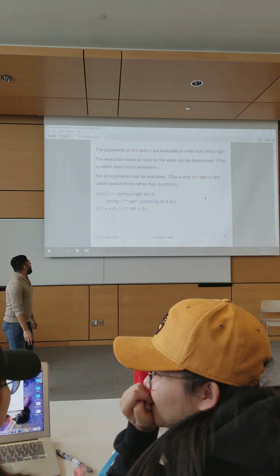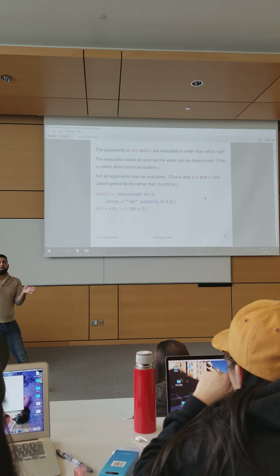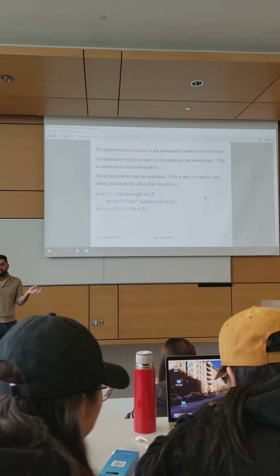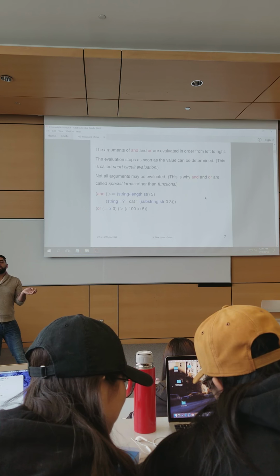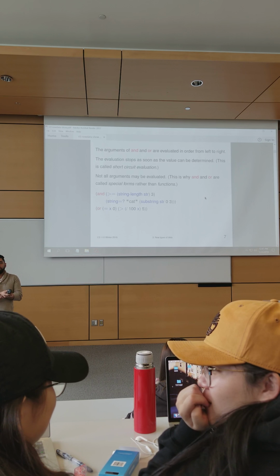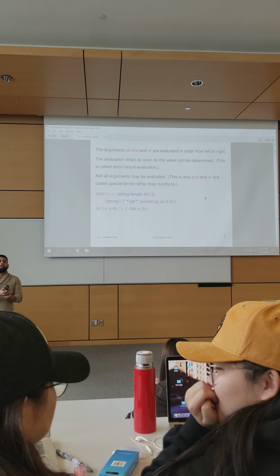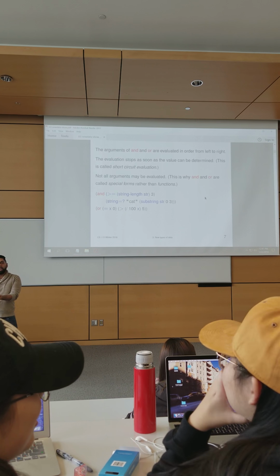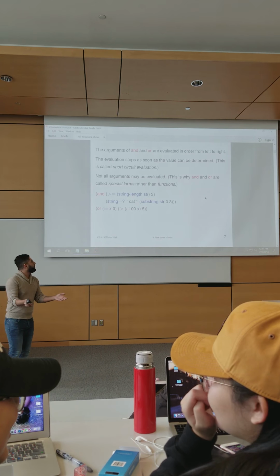Now, same thing as all the other kinds of tracing we've been doing. If you're trying to figure out how to simplify an and or expression, you trace it the same way you trace a regular expression. You start from the left, go to the right, and you go to the innermost expression that can be evaluated, and then you simplify it one step.